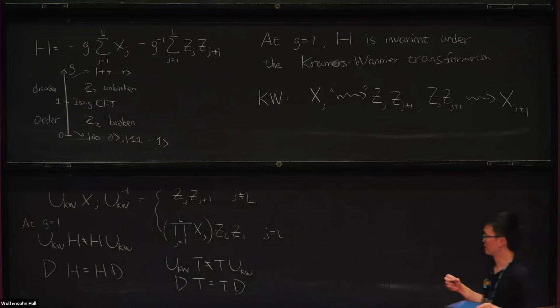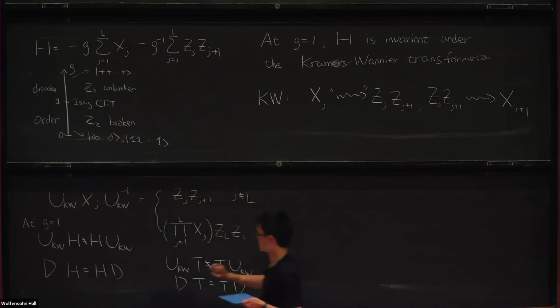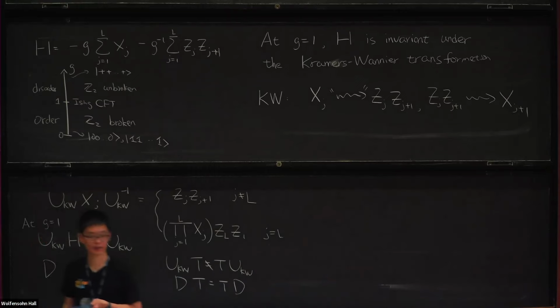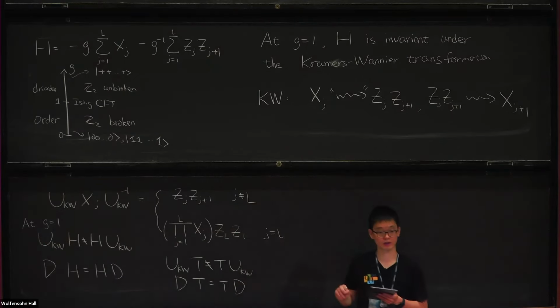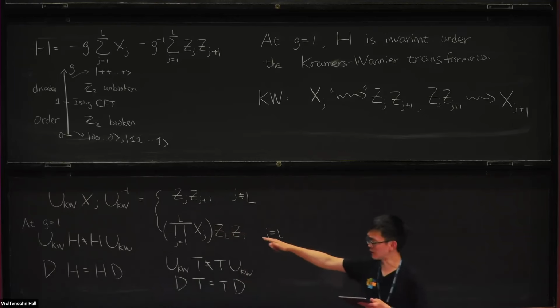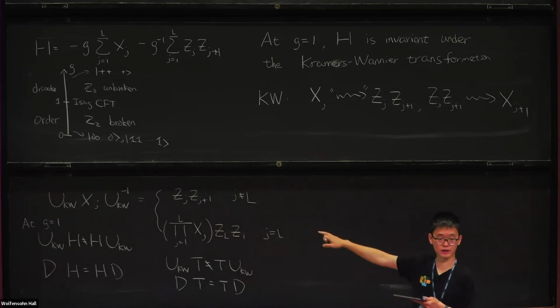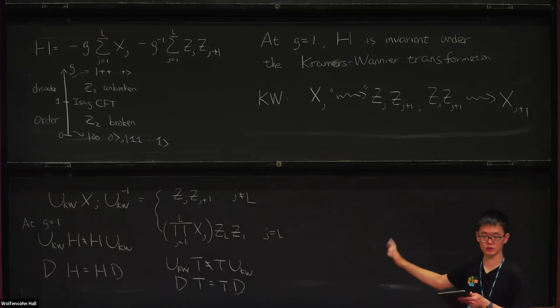First, the multiplication of the projection gives you the correct action on the local operator. And by action, I mean you multiply the local operator from the right-hand side of D and try to push it through. It's not by conjugation anymore because you cannot take the inverse. And second, it makes the operator translationally invariant. If you just naively multiply a 1 plus i Z_L Z_1 factor to the definition of U_KW, that would just make it worse.